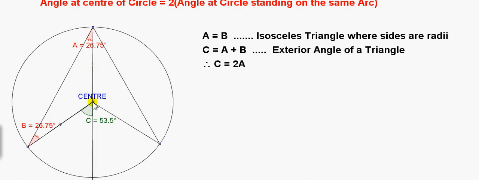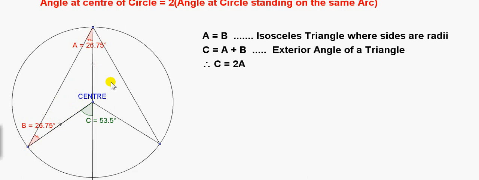Similarly, the distance of the center to this point here is also a radius. So I have 2 ticks on each of these lines to indicate that they are radii, they have the same length. Well, in any isosceles triangle, the angles opposite the equal sides are equal. So the angle opposite this side is this angle down here, which I'm calling B, and the angle opposite this side is up here, which I'm calling A.